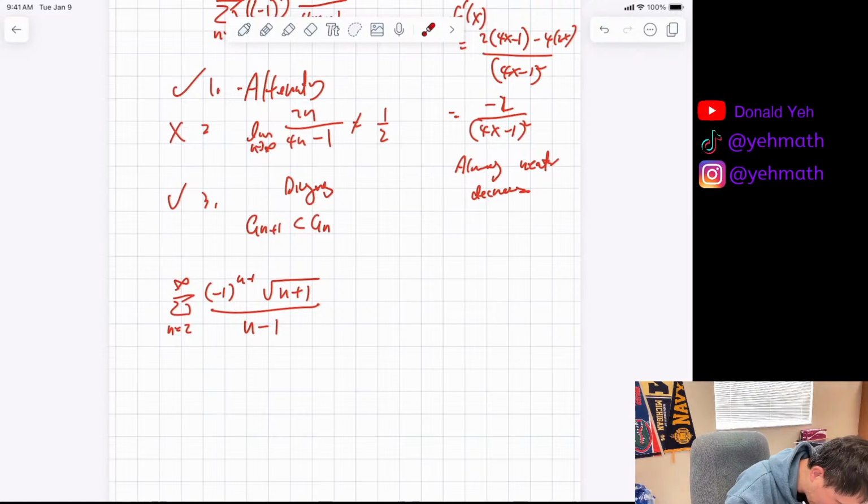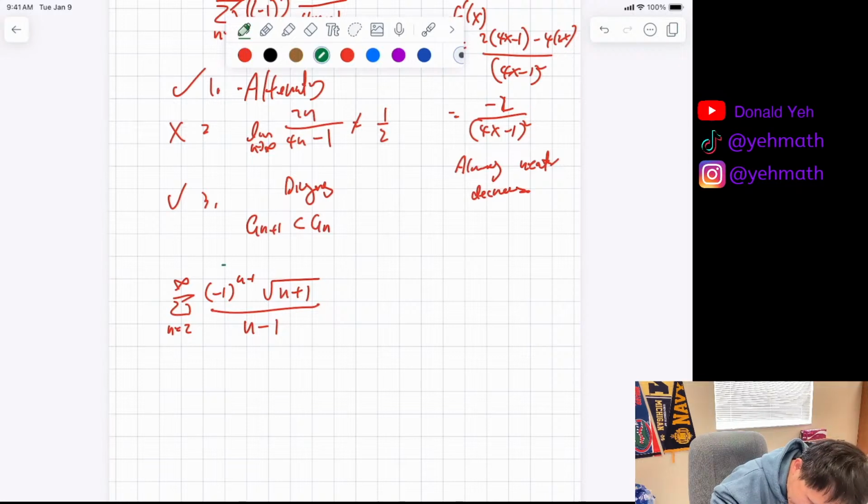So tomorrow we're going to talk about, is it possible to find a sum or not, right? So first thing, how do I know it's AST?